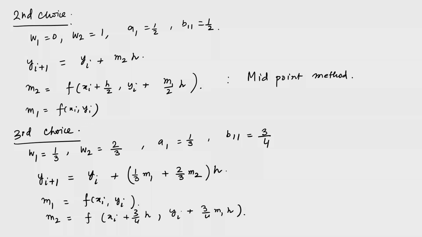Now, one can see that whether the first choice or the second choice or the third choice, they give correct results, and comparison needs to be done in order to understand which member of the family of second order RK methods gives you the correct solution.